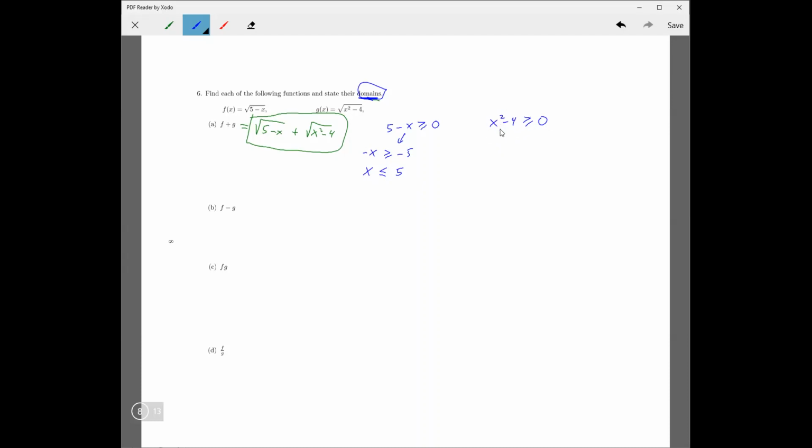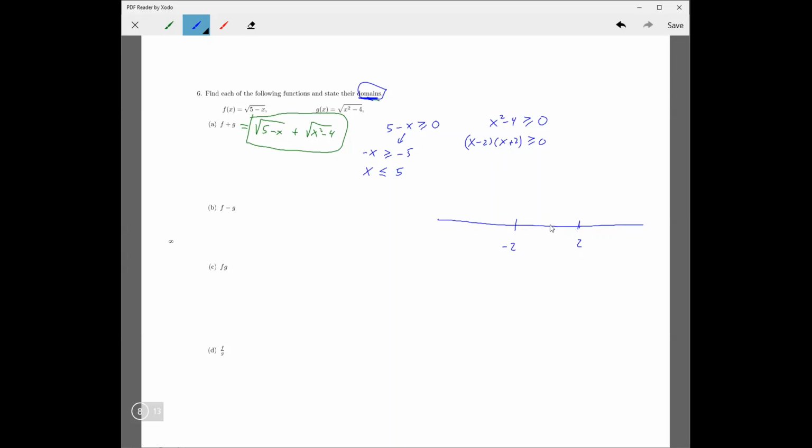Okay, over here, I think the most straightforward way to do it is like this. First, you factor this like that. Then all these zeros here, so -2 and 2, are both zeros of this.